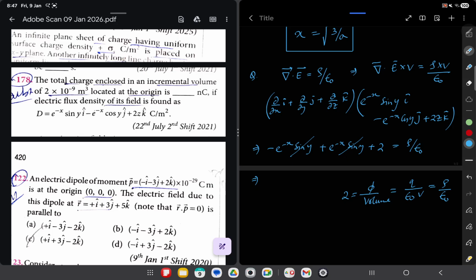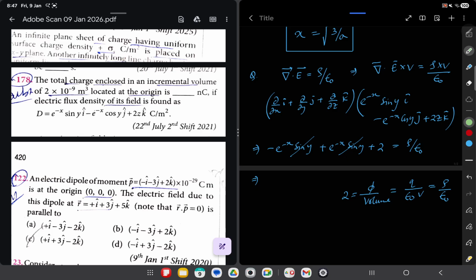You need to make a dot product with del by del x, so dot of this one. You need to differentiate this term with x, this term with y, and this term with z. You will be getting this one.